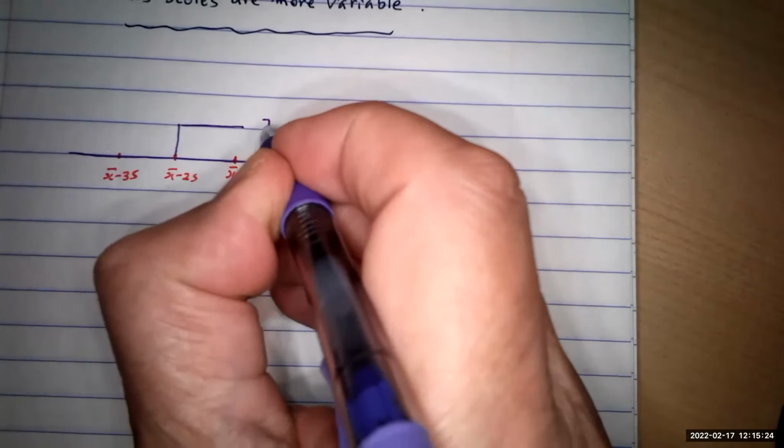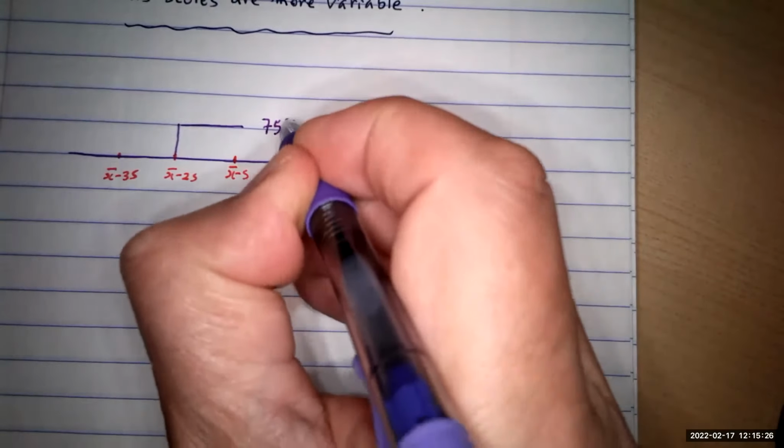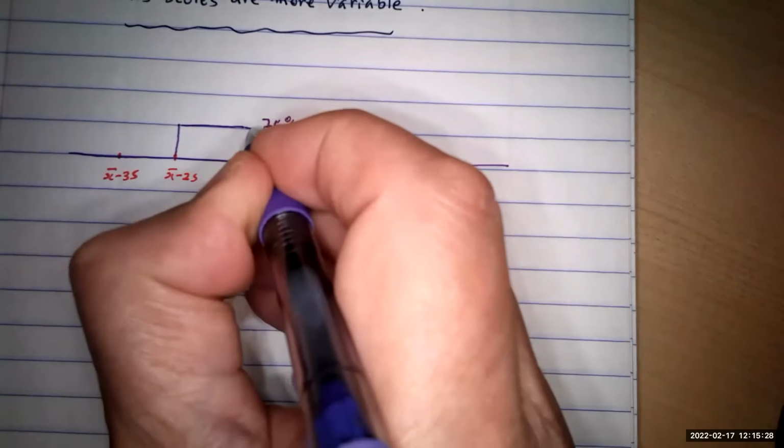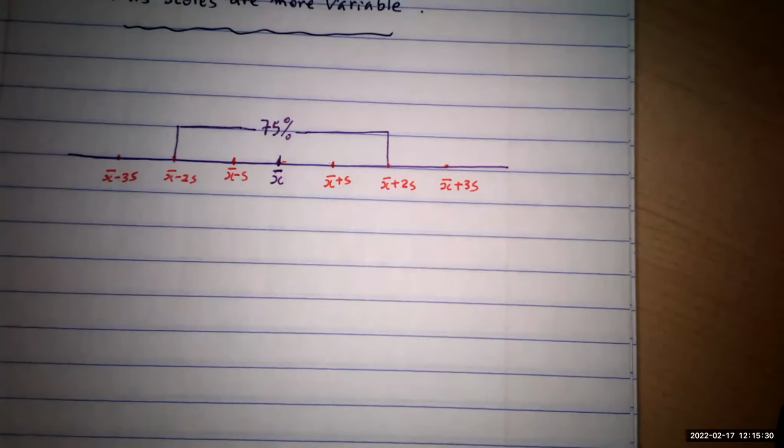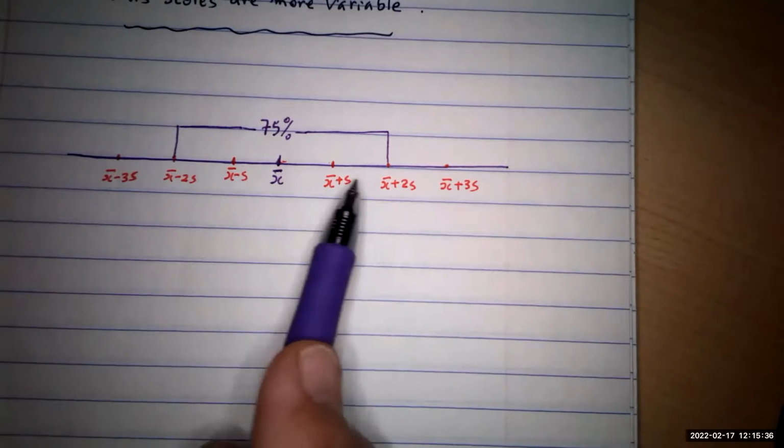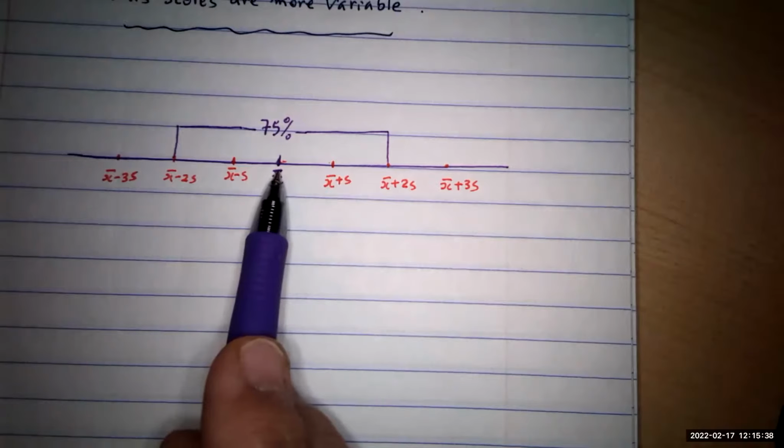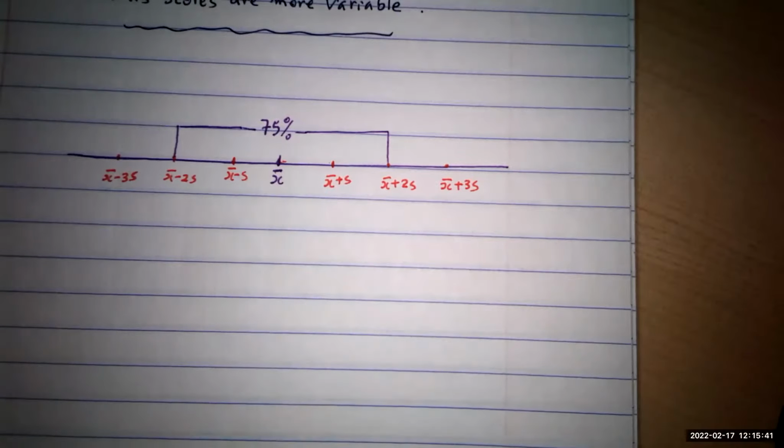He proved that 75% for any data set, 75% of the numbers must be in the range of 2 standard deviations from the center. So this means if I give you a fair test, and I got the result, I know what's going to happen to the result.